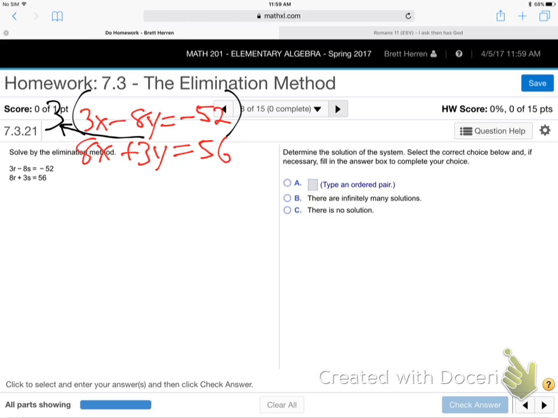Top equation by 3 and bottom equation by 8. So you always multiply by the opposite, whatever's in front of the other equation's y. Take it from there.